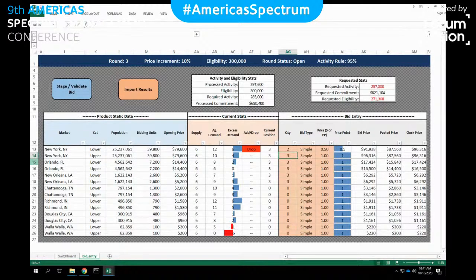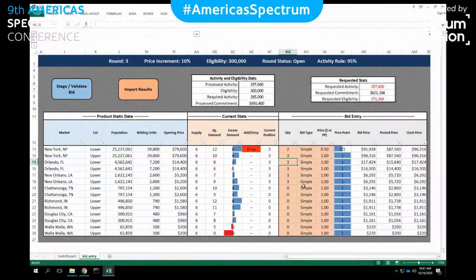So just because New York's more expensive, if I wanted to drop a block in New Orleans, I can enter a lower price point, give that higher priority despite the fact that the prices are relatively different. And conversely, I could put New York at a higher priority with a lower price point than New Orleans. So that's why price points are used in this auction. And the interpretation is very straightforward. It's just where you transition to wanting, where you're moving down your demand curve and wanting less quantity demanded.